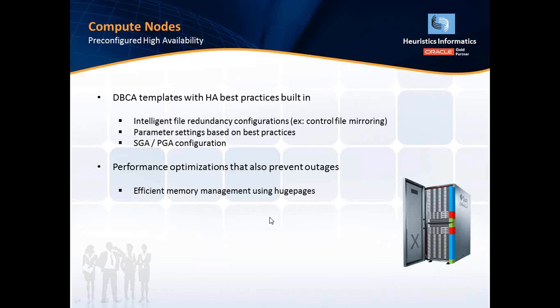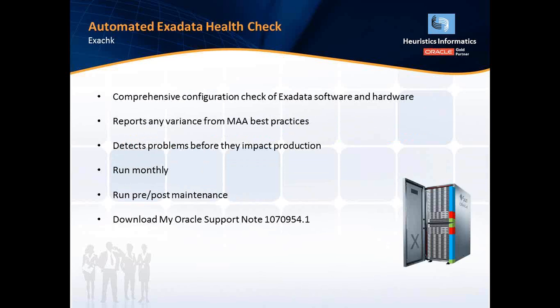Performance optimizations, I mean, we can do better memory management using huge pages. We can configure SGA, PGA. We have what is known as instance caging, which we'll probably get to in the next slide. All right, I think we've missed one slide, but basically, as I was saying, instance caging allows us to pin a particular database to a number of CPUs on the database servers.